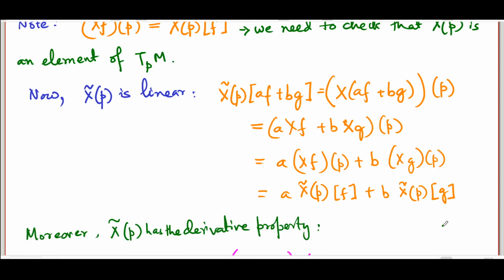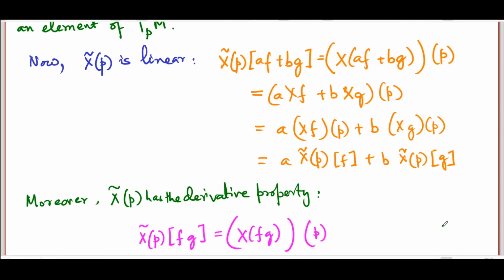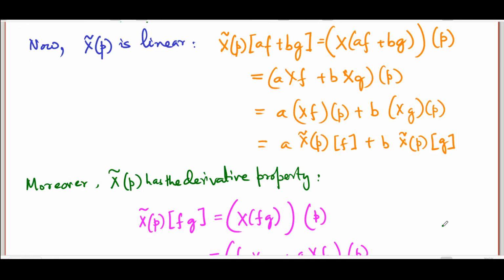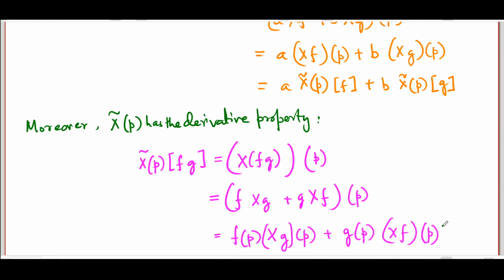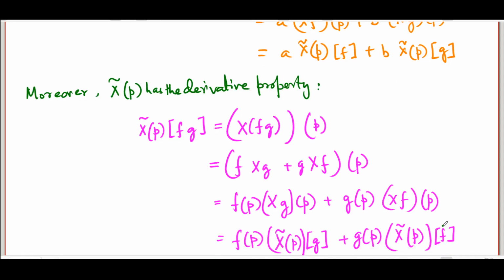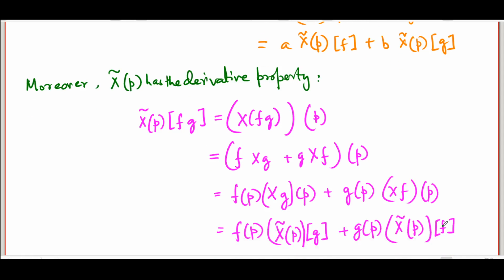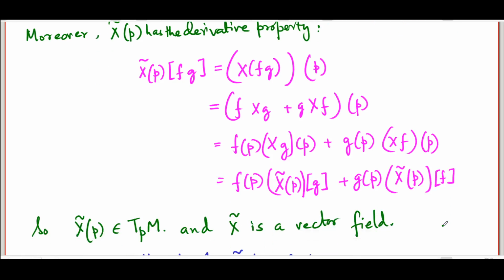Now what about the derivative property? If X tilde p acts on fg, again that's the same as X acting on fg at p, and by our assumed property X at fg is fXg plus gXf, its value at p is by definition f of p times Xg at p plus g of p times Xf at p, and now once again this is really f of p times X tilde p acting on g plus g of p times X tilde p acting on f, which is exactly the derivative property.